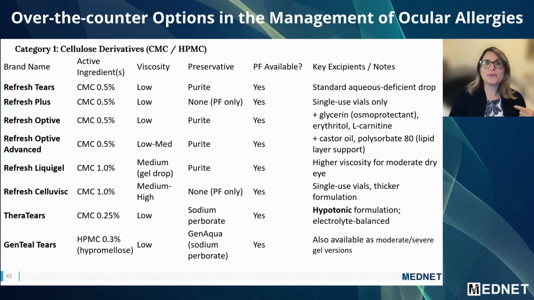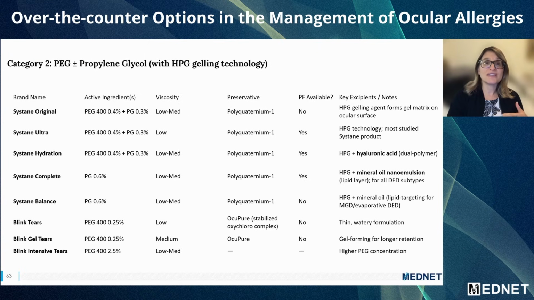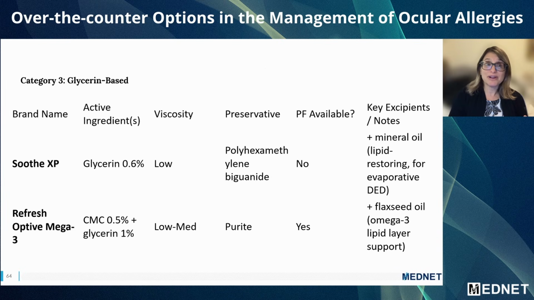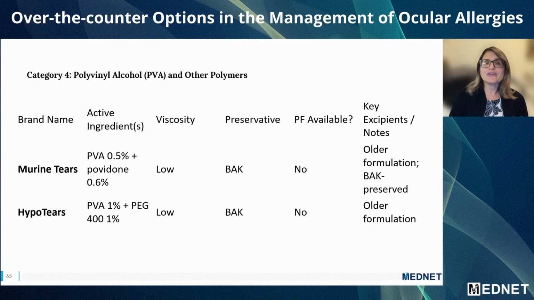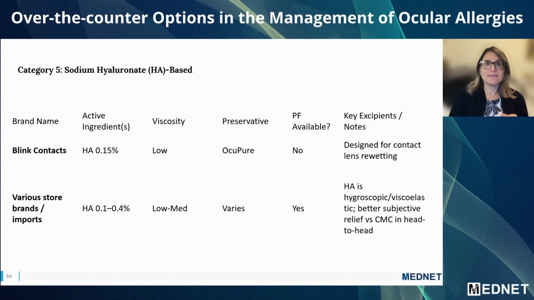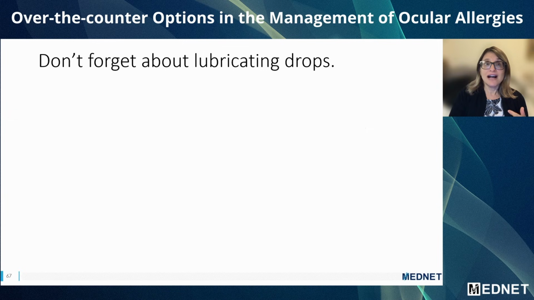So the ones that are mostly the cellulose derivatives, those are the Refresh brands and the Genteel. The ones that are the propylene glycol are some of the Sustain and Blink products. The glycerin-based ones, those are the Soothe and some of the Refresh. And then there are some other ones that have other kinds of active agents.